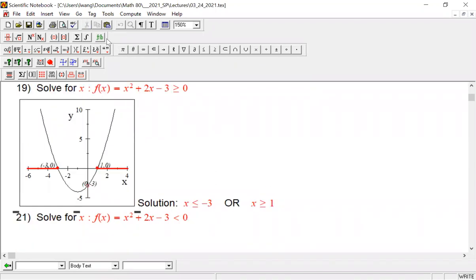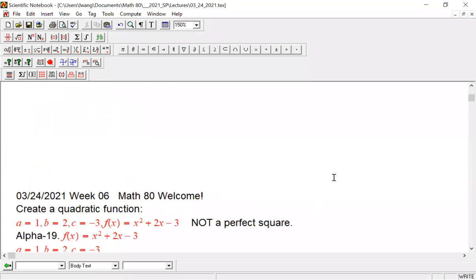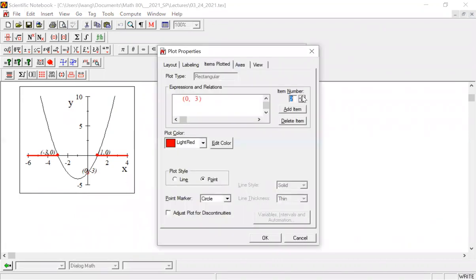It will be the opposite of number 19, or of 20, right? But anyway, this is no longer true. I will have to make some corrections. So this is going to be less than. So this is going to be a circle. Delete.